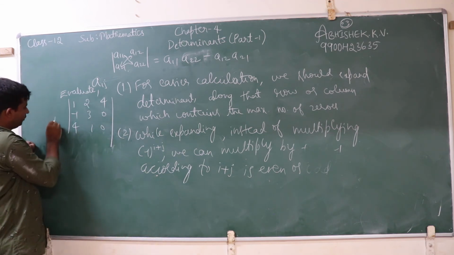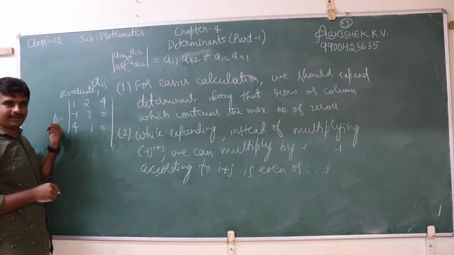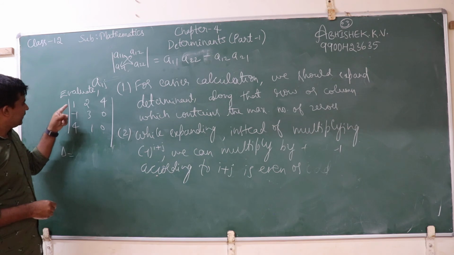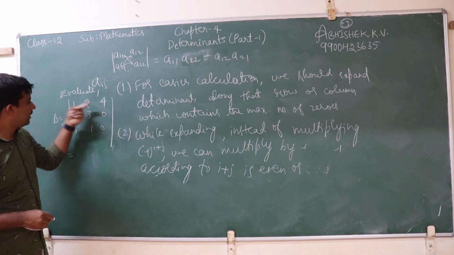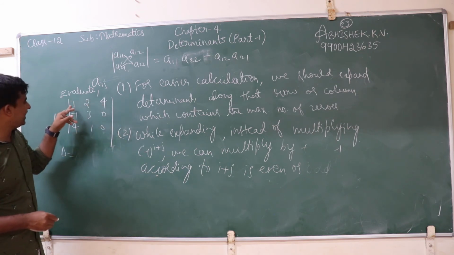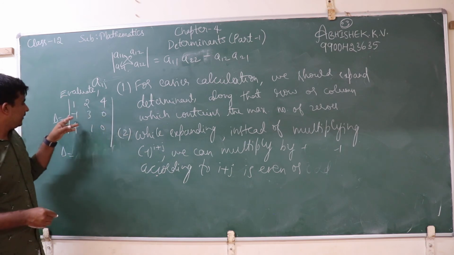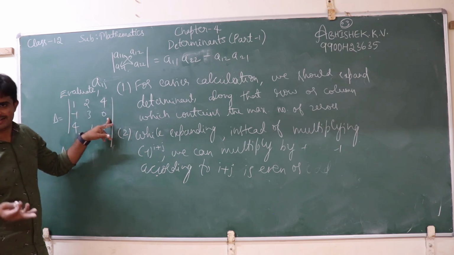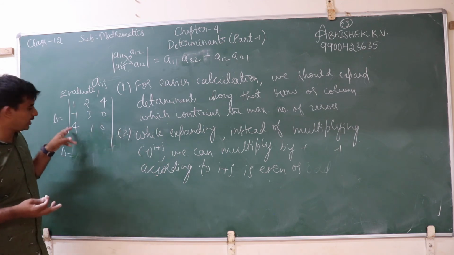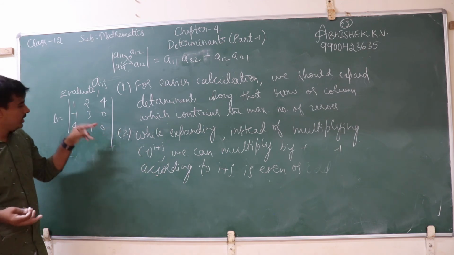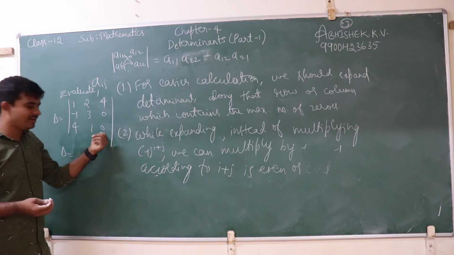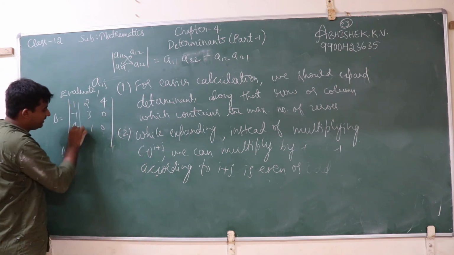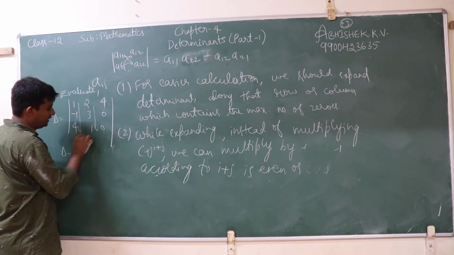I already told you the determinant of A is denoted by delta. Delta is equal to, if I expand along R1, it has 1, 2, 4. Along R2, minus 1, 3, 0, I again get the same answer. Along R3, 4, 1, 0. Here it has 1, 0, and here again 1, 0. But if I consider C1, no zeros, C2, no zeros.